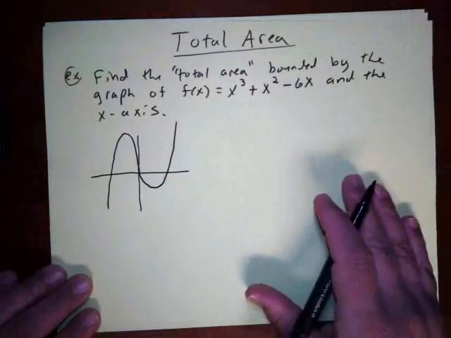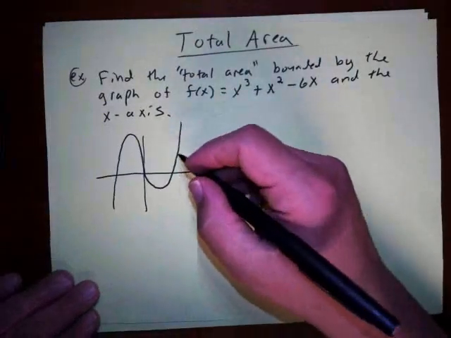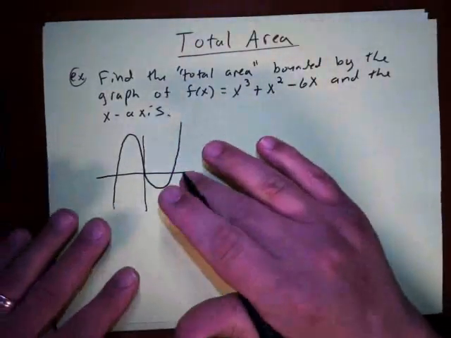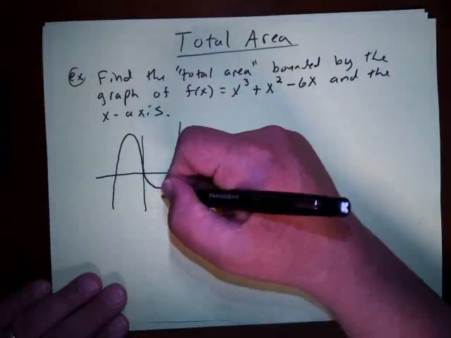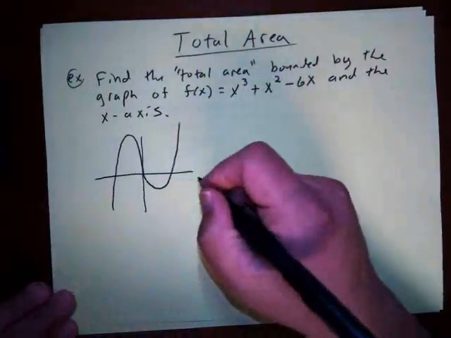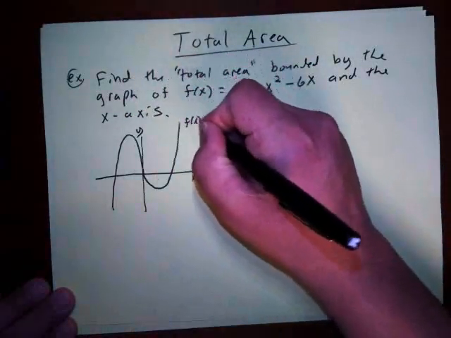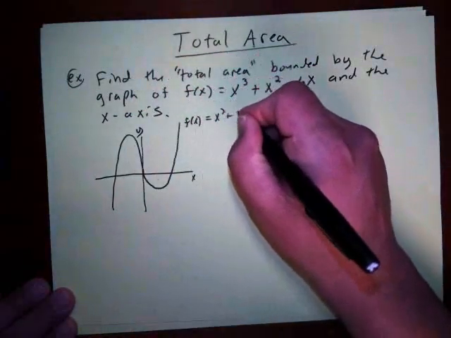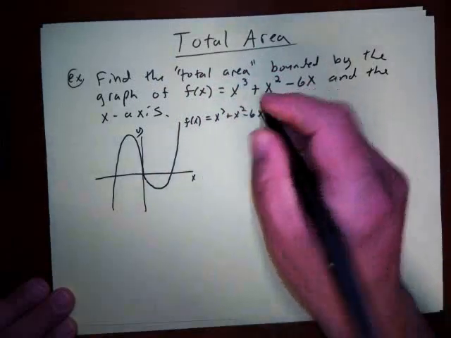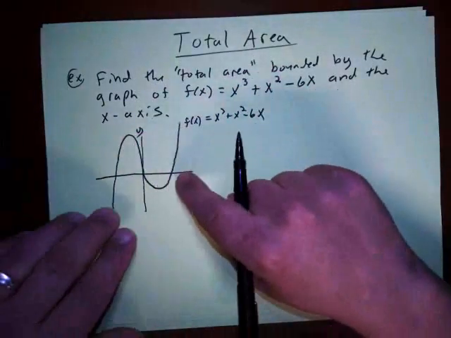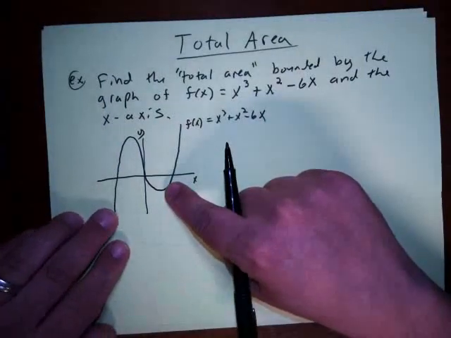Okay, that's good enough for our purposes. This isn't quite accurately drawn. This thing should have come down more and up a little bit, but this is okay. So this is x, y, and this is f of x is equal to x cubed plus x squared minus 6x.